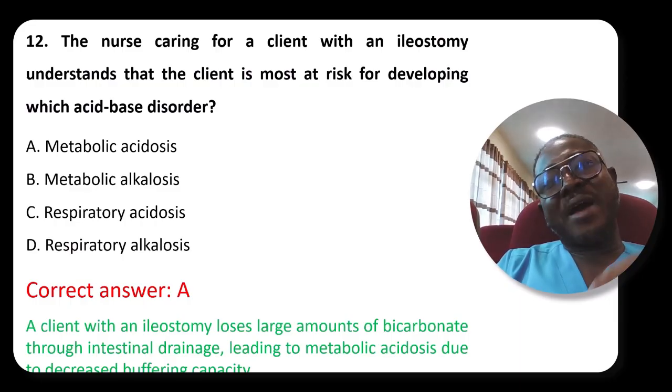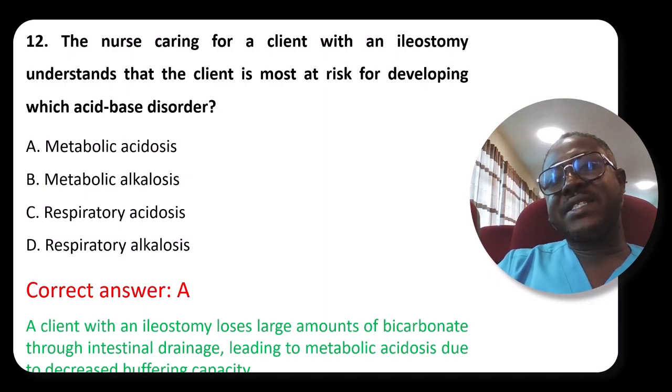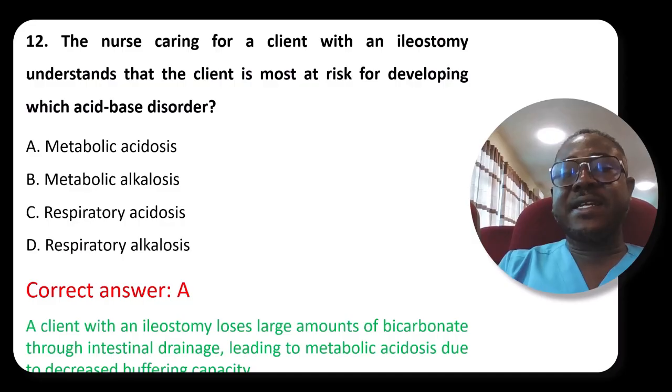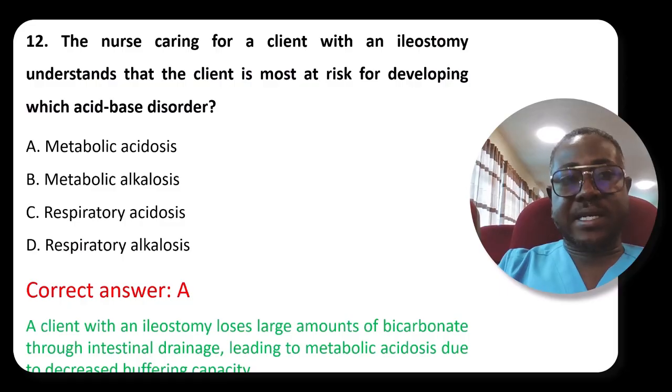So if the patient is bringing those substances out, either the nurse is bringing it out or the patient is bringing it out by vomiting or diarrhea, then the opposite compound will go up, and so it will lead to either alkalosis or acidosis. Okay, so always remember this and never forget this concept.